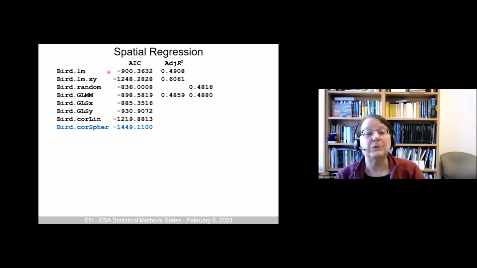So basically with just a linear model, the AIC was minus 900, with the trend surface analysis was minus 12,000. Then the mixed model was not so good. When I include only the longitude, it was not so good. When I include the latitude, it was better.